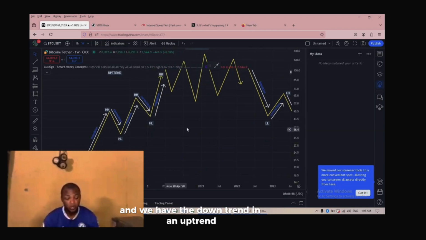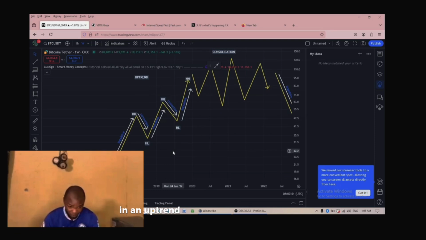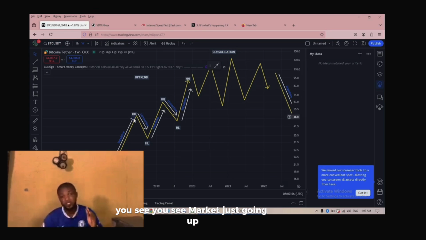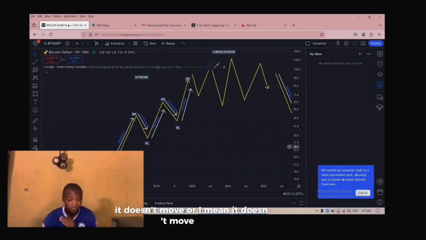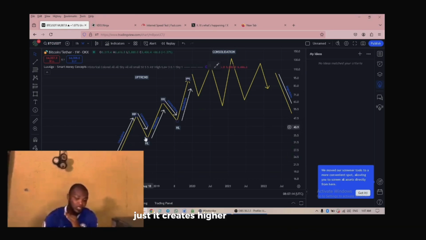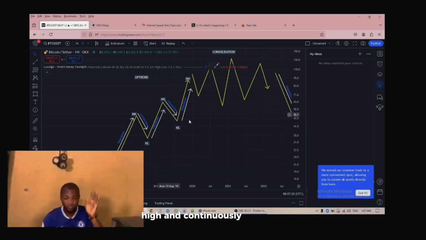In an uptrend, the market just goes up. It doesn't move down, it creates higher high, higher low, higher high, higher low, continuously.